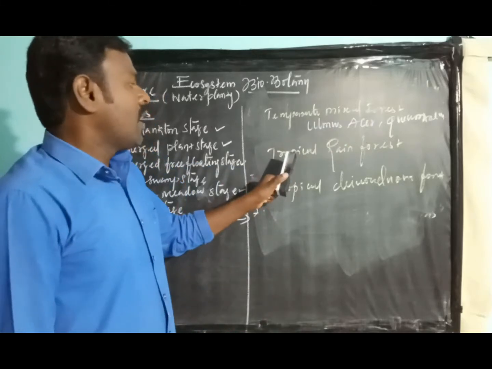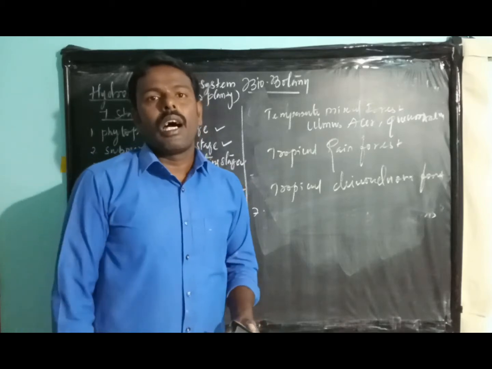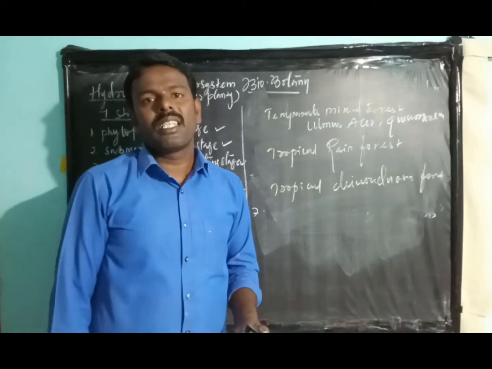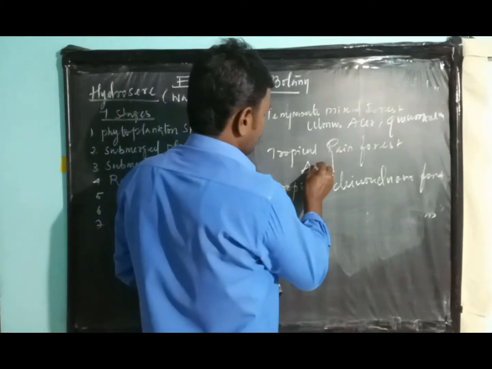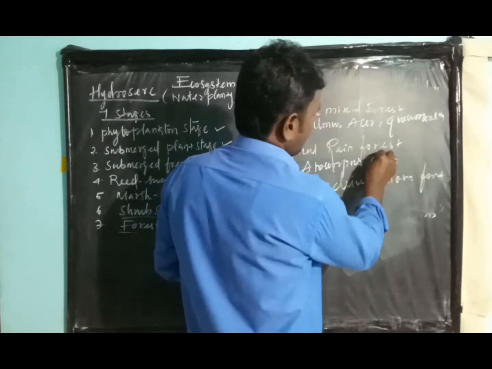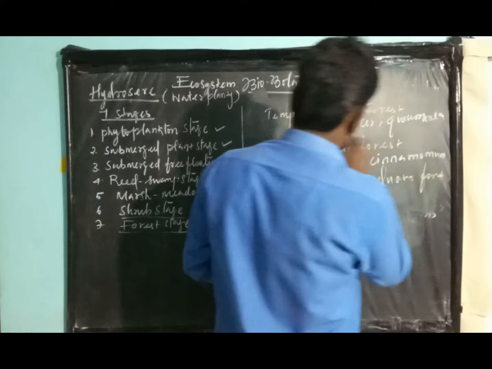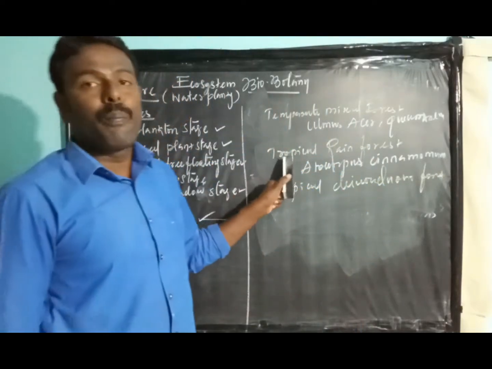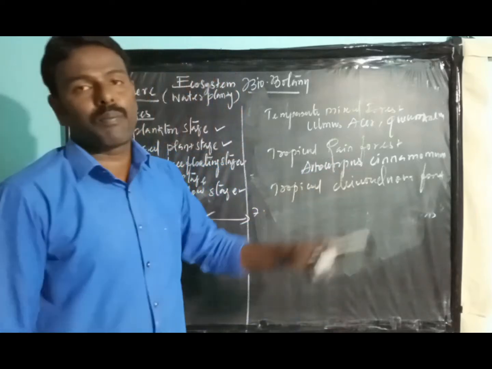And next one is tropical rain forest. Examples are Artocarpus and Cinnamomum. Those are examples for tropical rain forest.